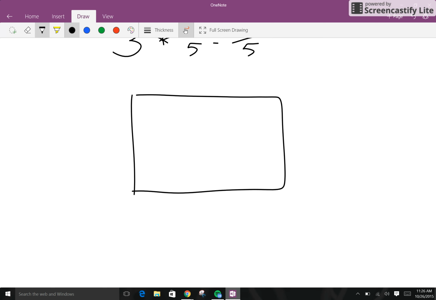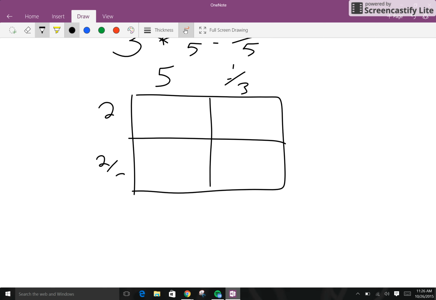We can do 5 1/3 on this side, and then 2 2/3 on the other side. Then in each box, we multiply, kind of like lattice. We multiply the things where they match.